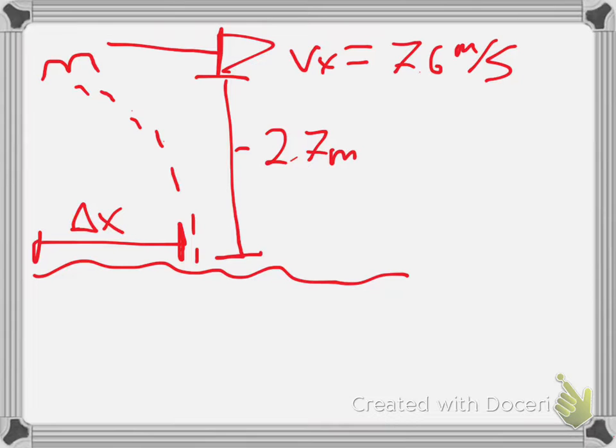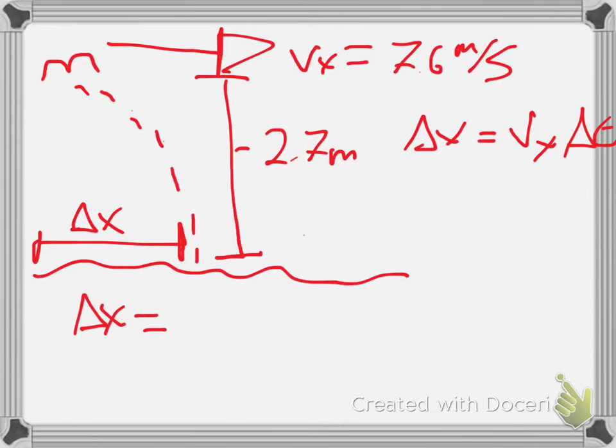What's that going to be? Okay. So if you look back up above, you'll remember we had delta x equals vx times delta t. And we solved for delta t previously, so we know that delta x is going to be equal to 7.6, Not squared. My bad.